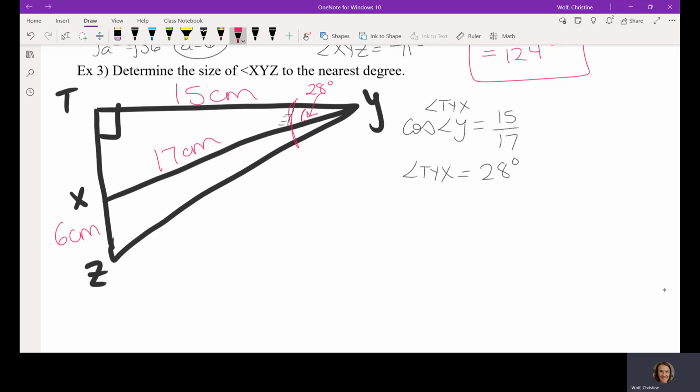So if I can find this whole angle now and just remove 28, I'll know what that other sliver is. Here's the problem. If I want to find that giant angle in the giant triangle, I need to know two things in that giant triangle. I only know the 15.